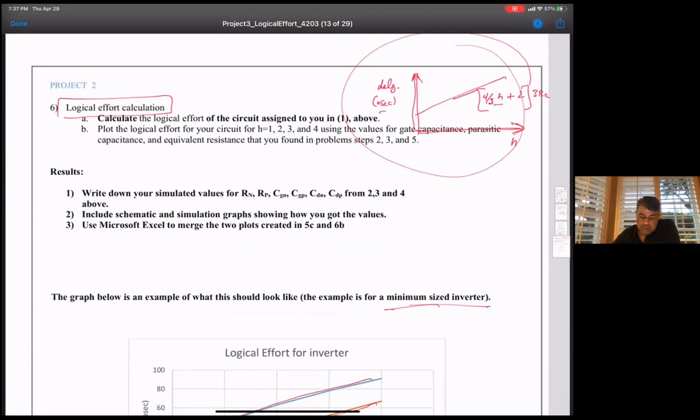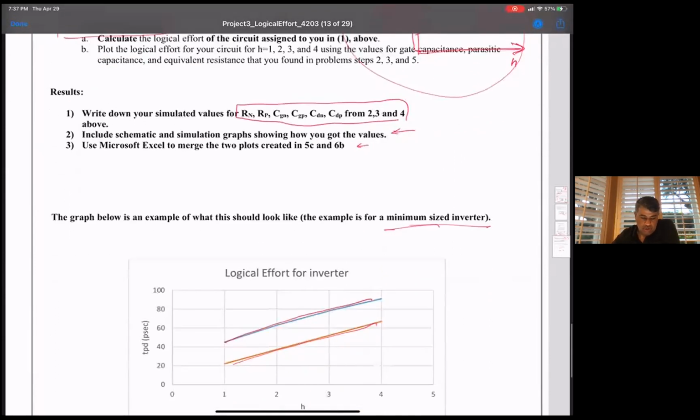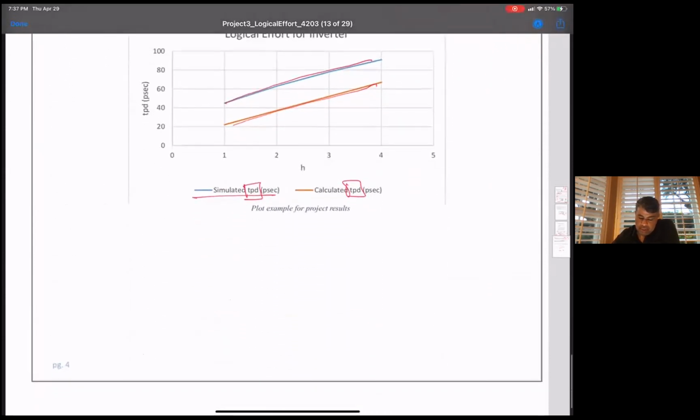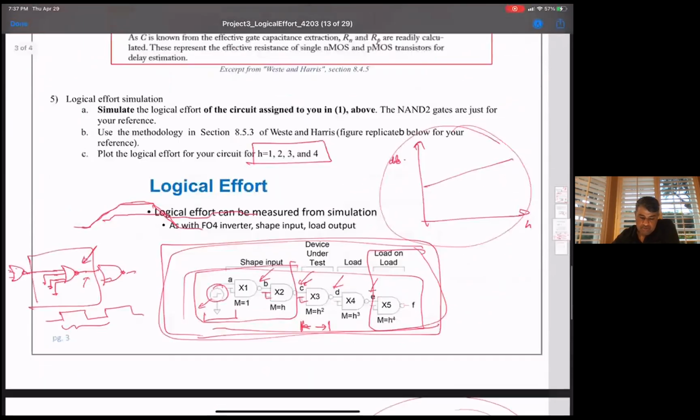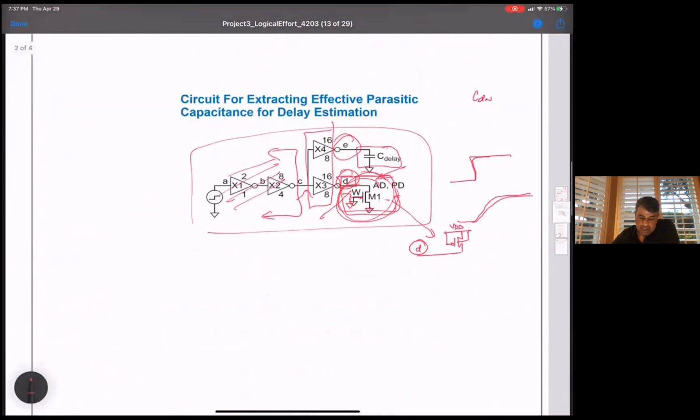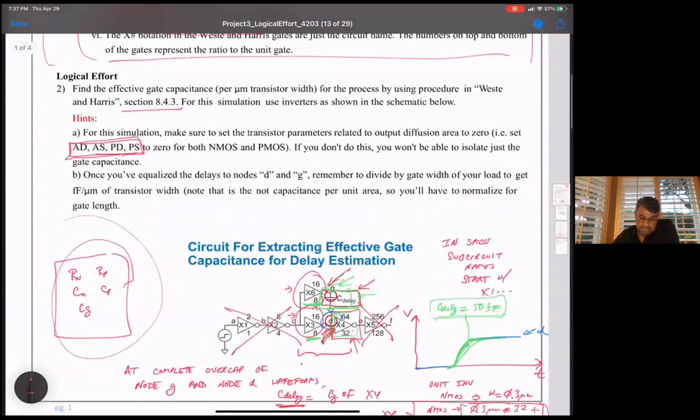So anyway, give me a good report with schematics and waveforms. Make sure you give me the values that you got, 2, 3, 4. Anything else? Nope, I think those are all. That's my advice on this project.